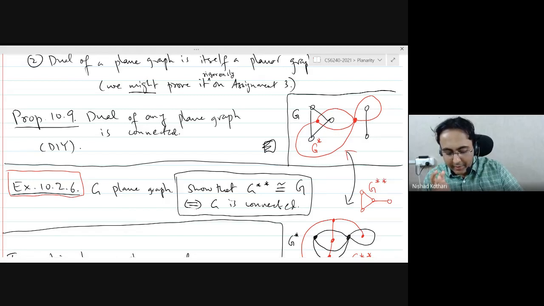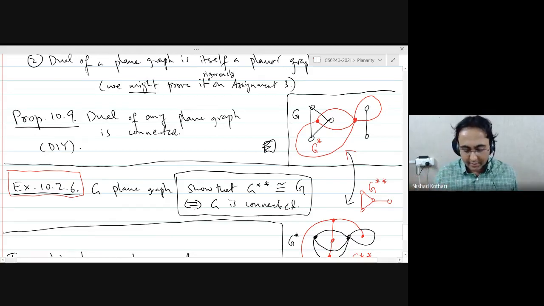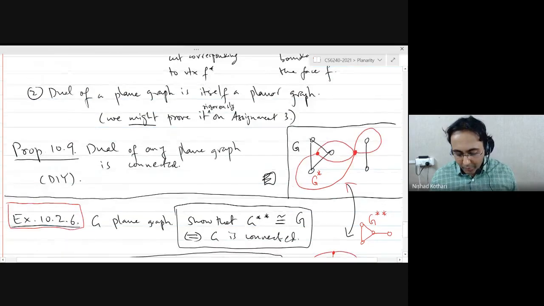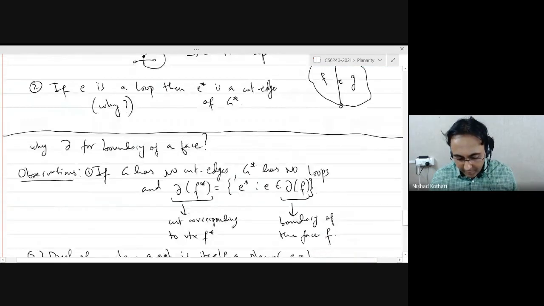The underlying abstract graph will be the same. The only difference is that we need to get a planar embedding of the dual so that we have a plane dual, and then we can define its dual. Otherwise, it's invalid, right? So that means that we need to define the plane dual.